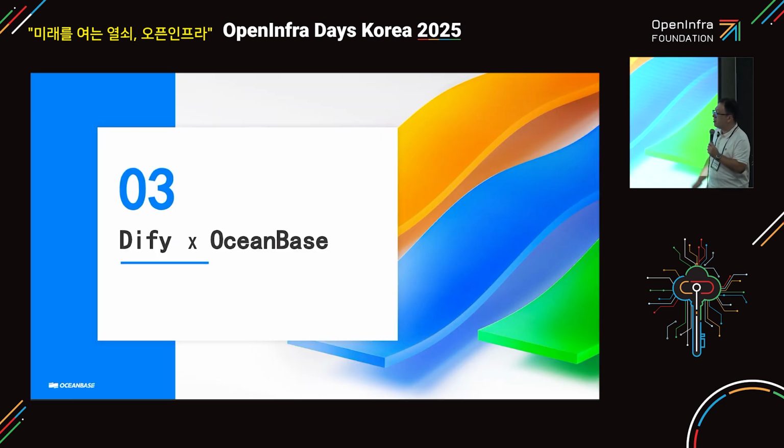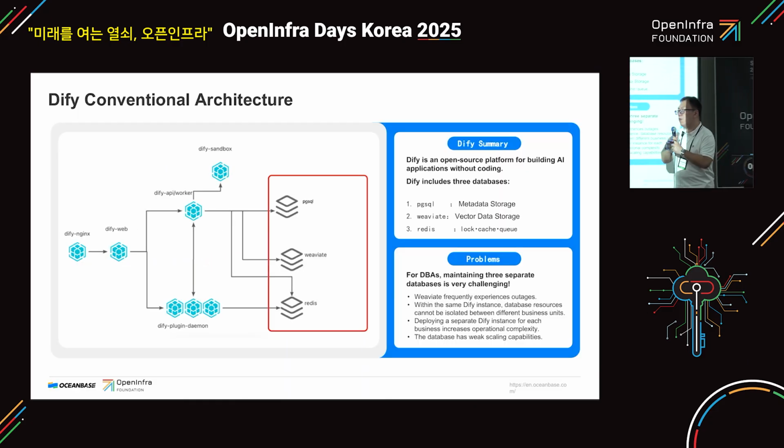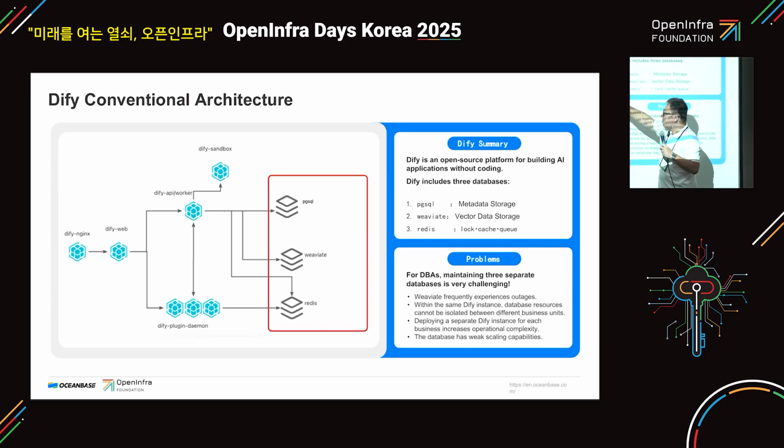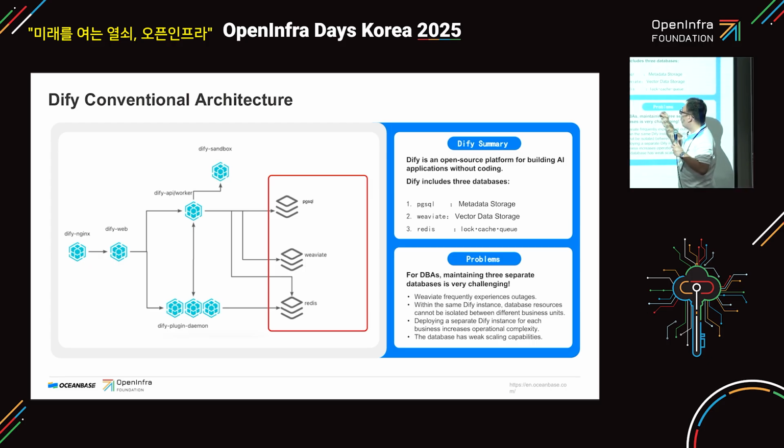Okay, in the third part, let's have a brief introduction to the integration of Dify and OceanBase. Dify is an open source platform for building AI applications without coding. And it relies on three different databases: pgSQL for meta storage, Weaviate for vector data storage, and Redis.